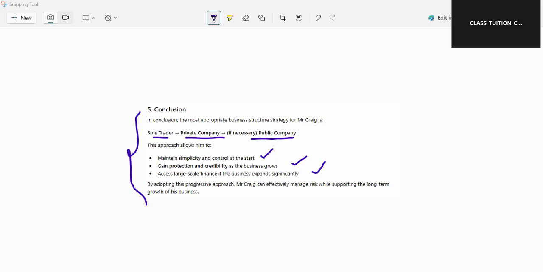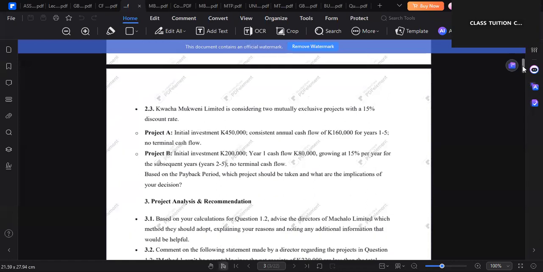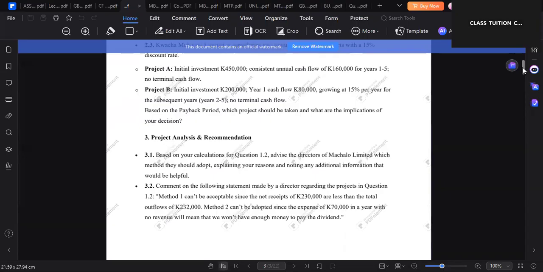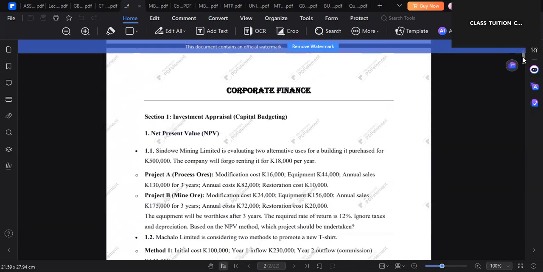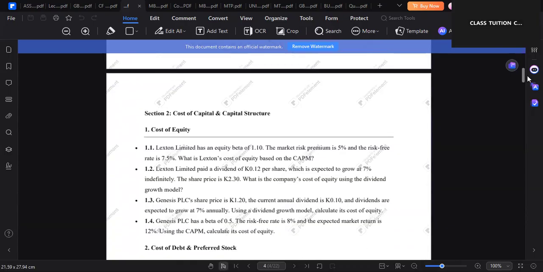I'm looking at the pamphlet questions. Are we okay with the first part?